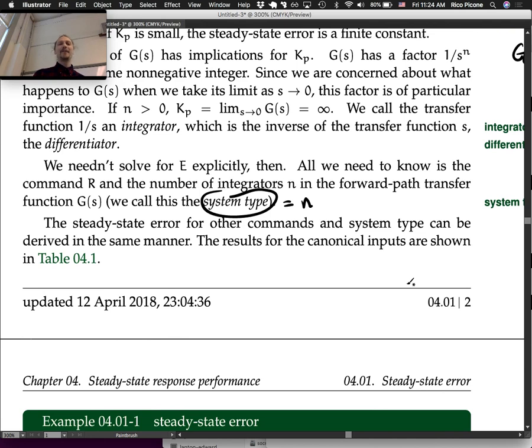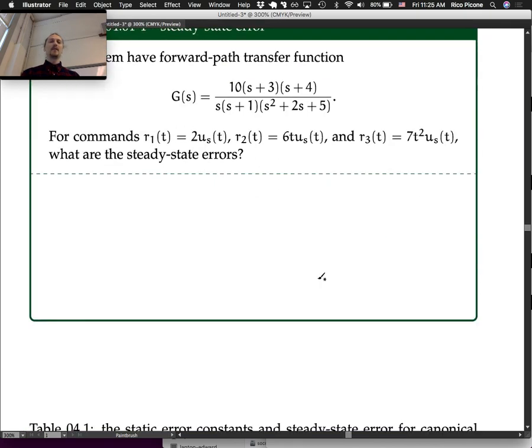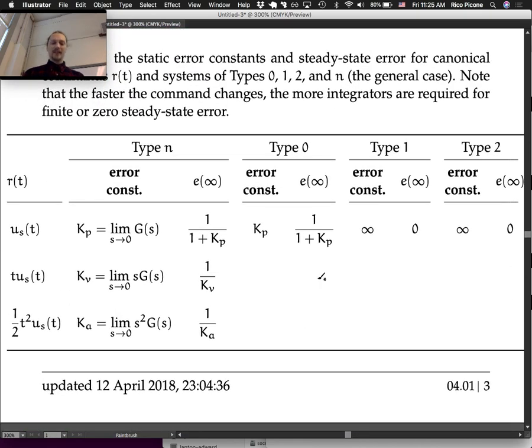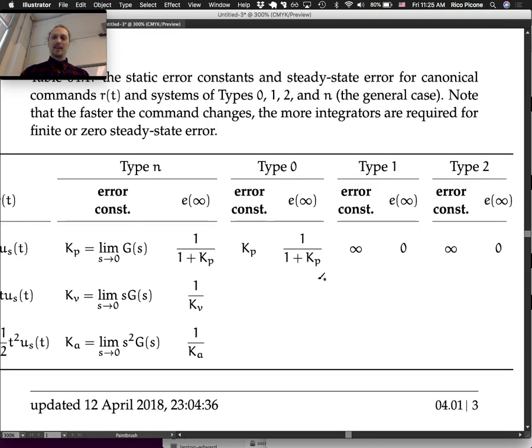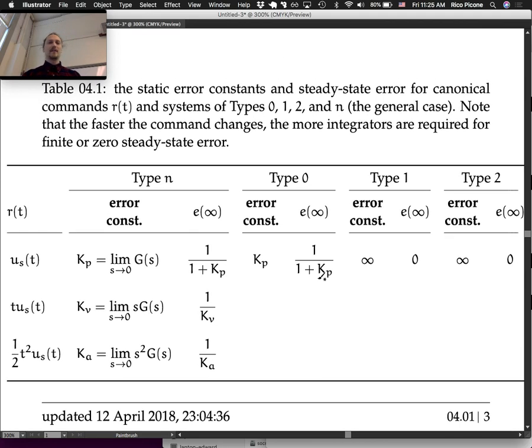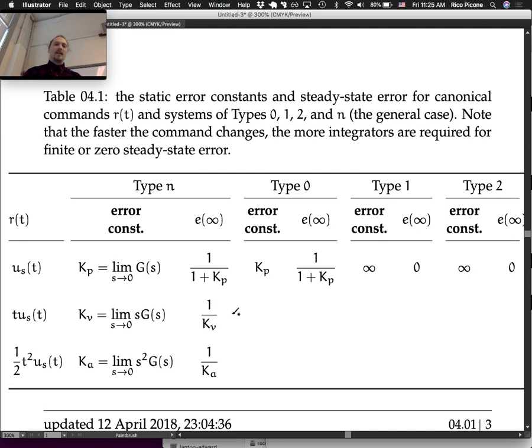The steady state error for other commands and system type can be derived in a similar manner. The results for the canonical inputs are shown in table 4.1. So let's look at this table for a minute. By the way, Kp is called the position constant.